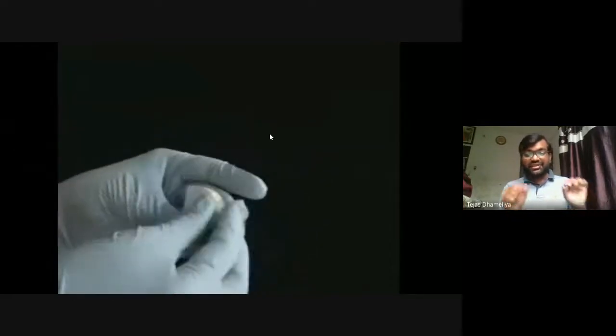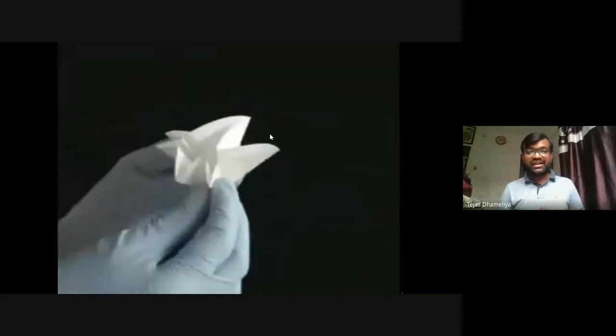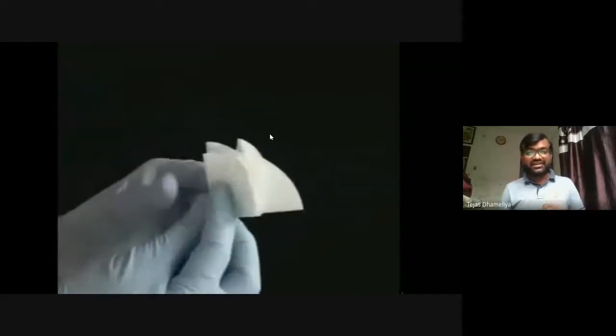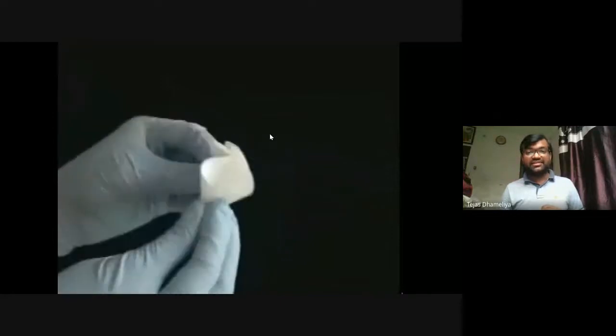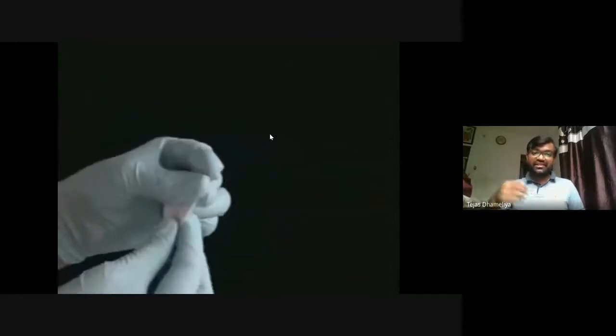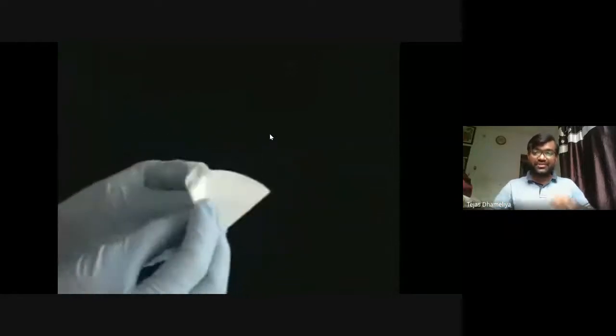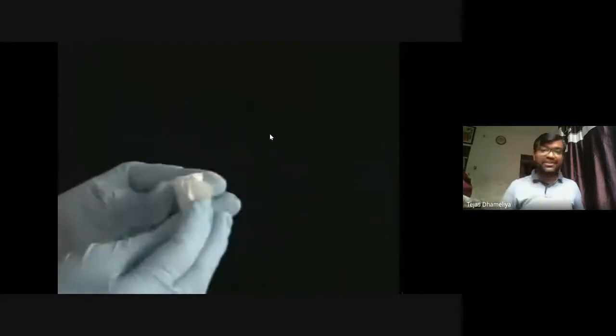The same process we have to repeat with all the other folds. 1 fold from one side, the remaining from the other side. You have to fold it from inside. The 1 fold from this side has to be folded inside. See what they are doing. Okay, and the same thing you can do at home.